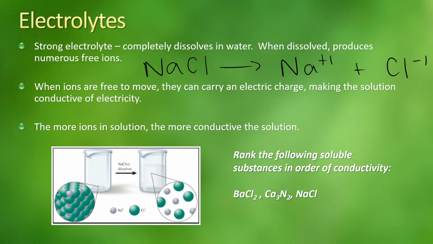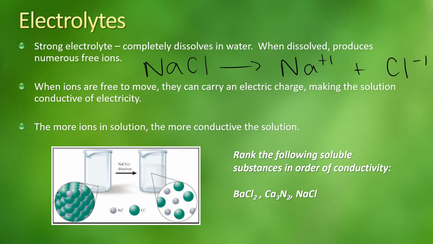In order for electricity to conduct, there must be charged particles that can carry electrons. So we have to see this movement of electrons from one to another. The more ions that will dissolve in solution, the more conductive the solution is. So these strong electrolytes are going to produce a lot of conducted electricity.